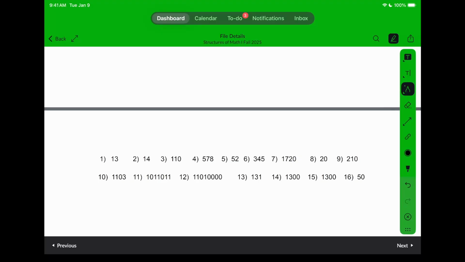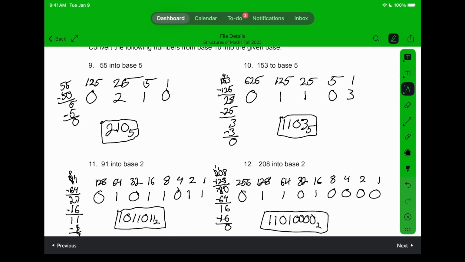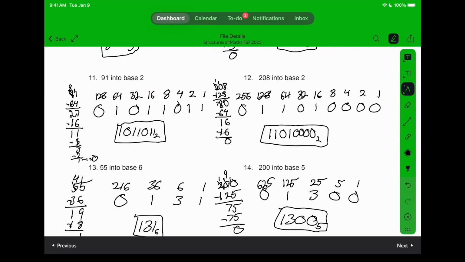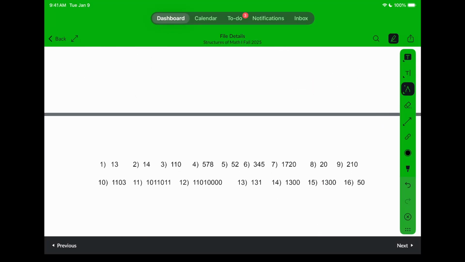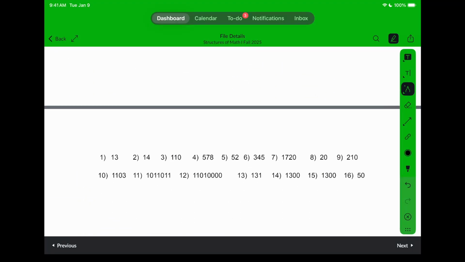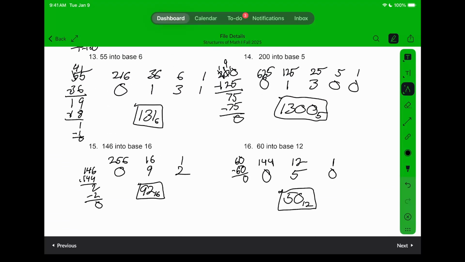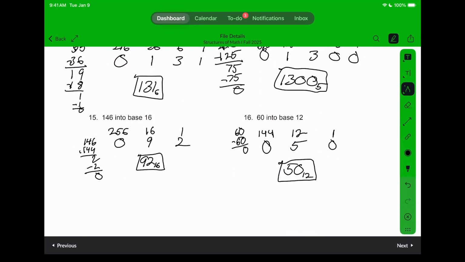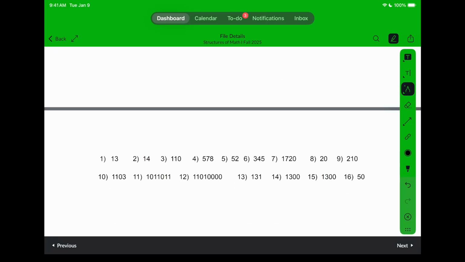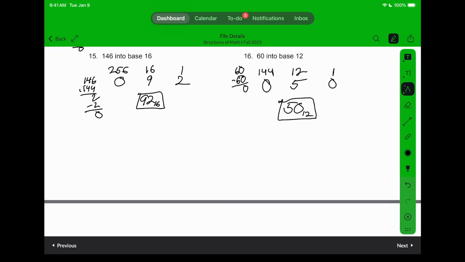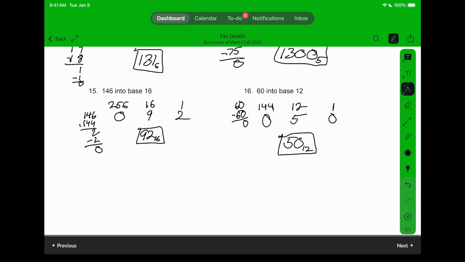Okay, 210, 1103. 10, 11, 011. And then 1101, 4 zeros. 131, 1300. And 15 was also wrong. It's supposed to be 92, not 1300. And there we go.